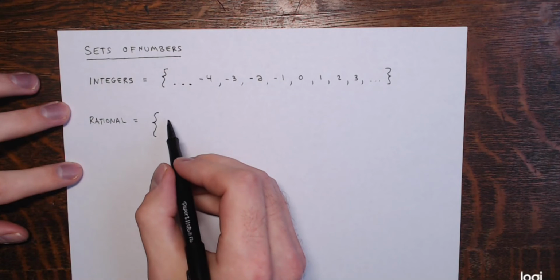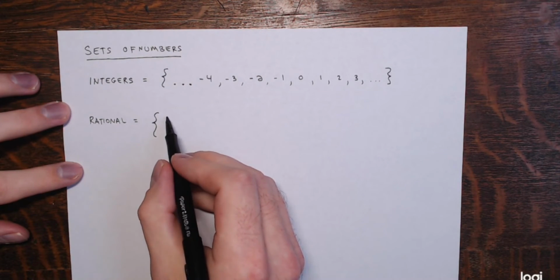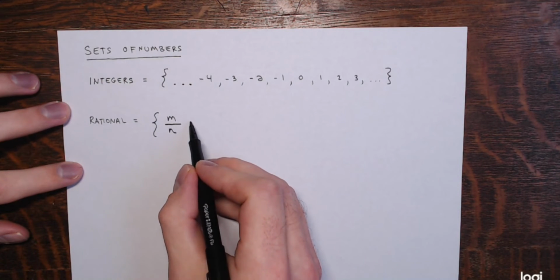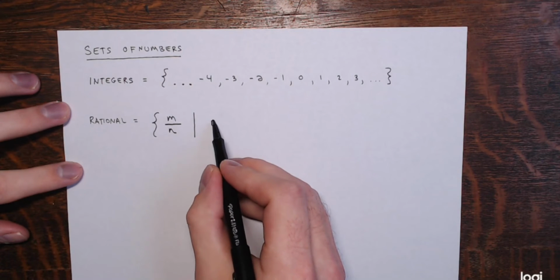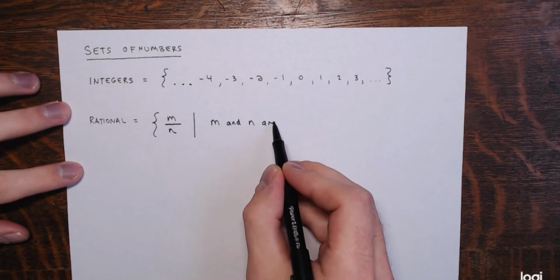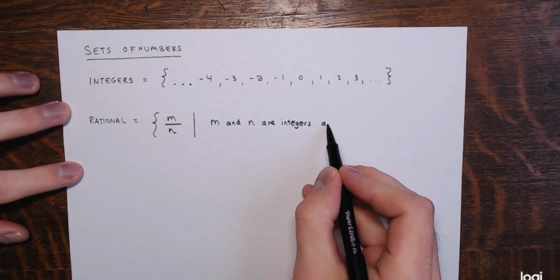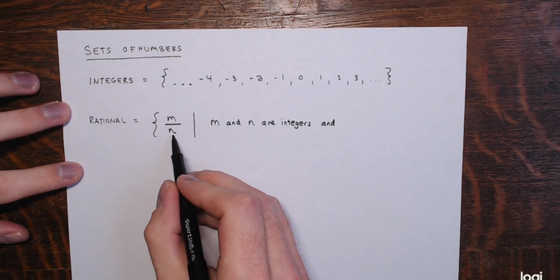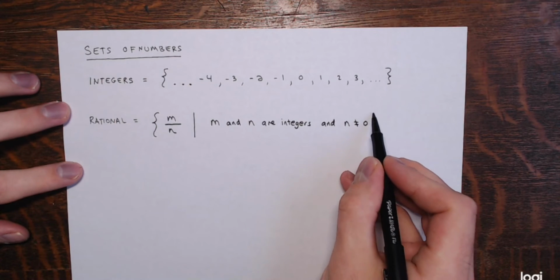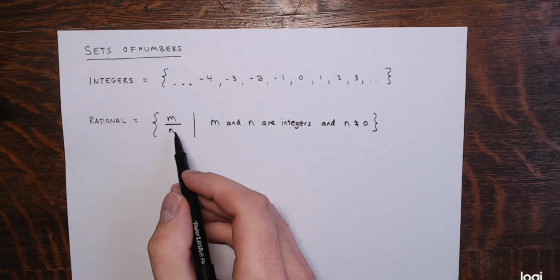Every rational number can take this form: m divided by n, such that m and n are integers. And of course, since we have n in a denominator, that can't be 0. Alright, so these are all your fractions.